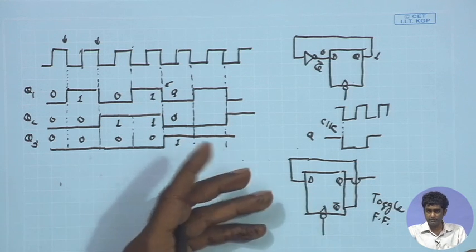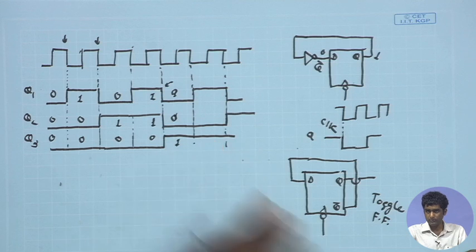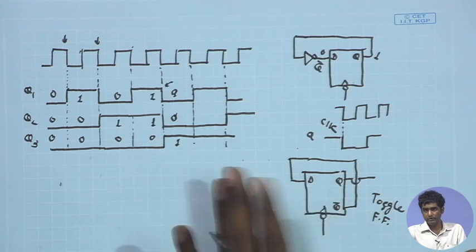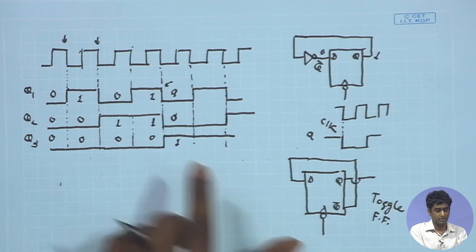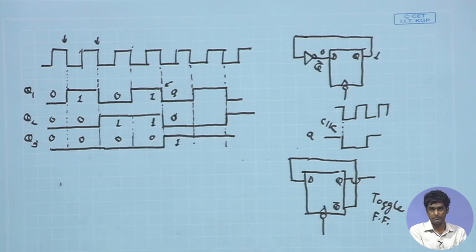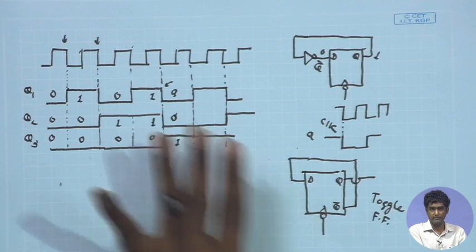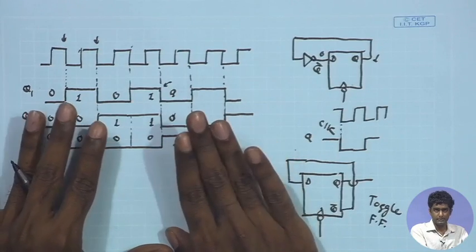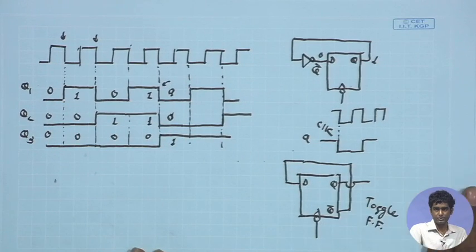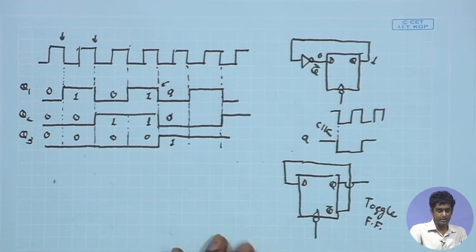Likewise, you can have a positive edge sensitive toggle flip flop also. So, here you are using the D flip flop to construct a toggle flip flop, which is going to be useful in implementing our counter. So, we have the basic unit for implementing our counter available over here, and all we need to do in order to implement this functionality is to cascade such blocks. How do we cascade?